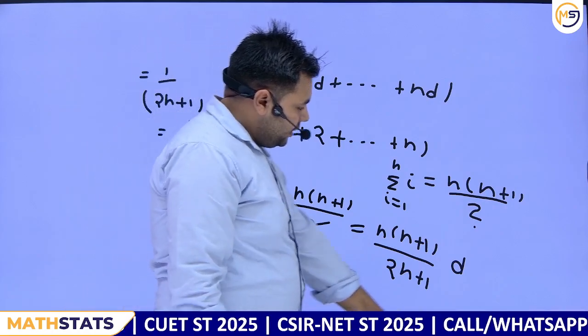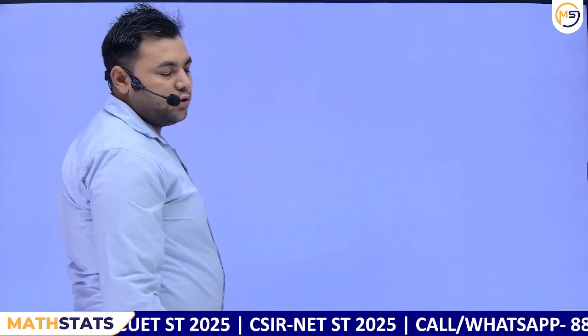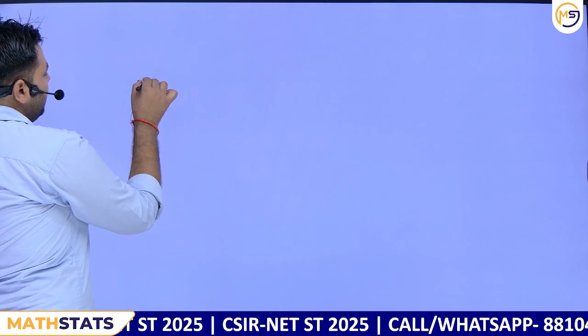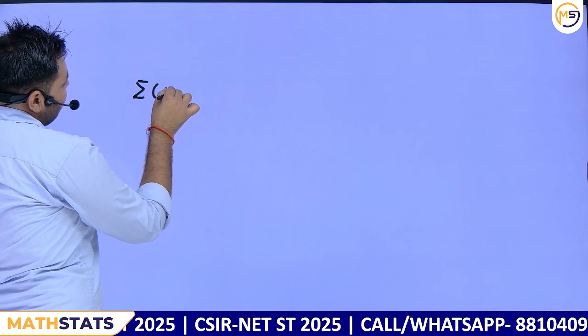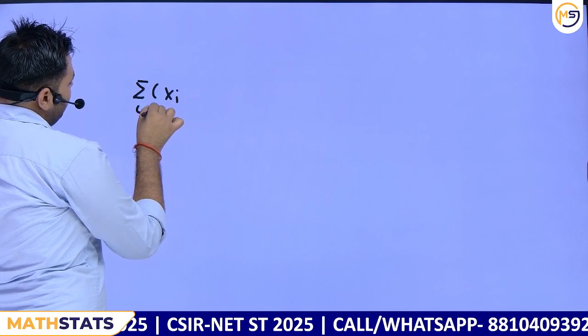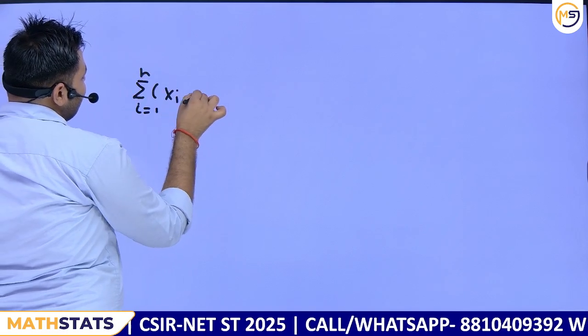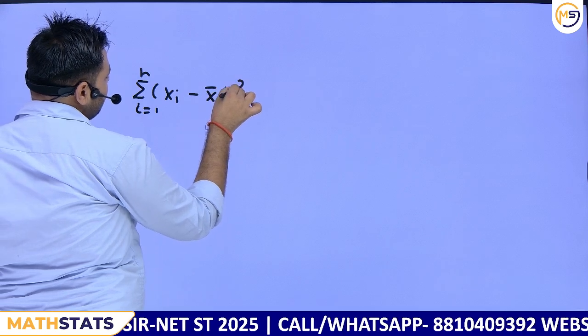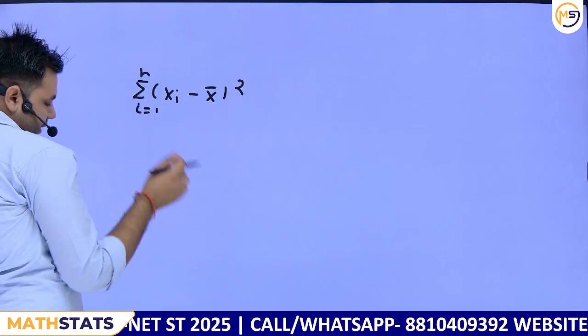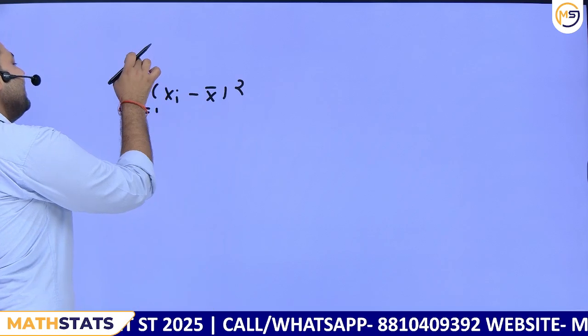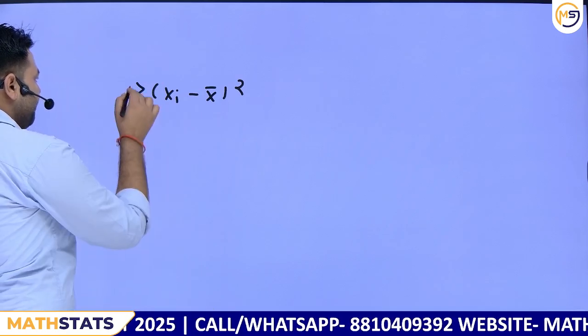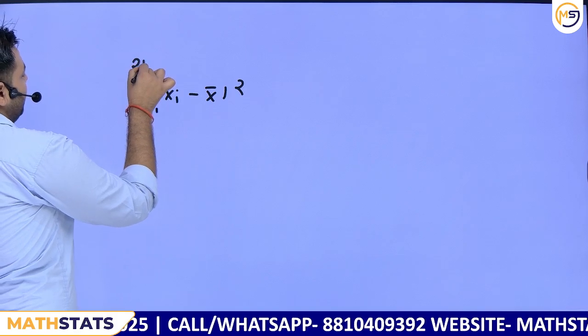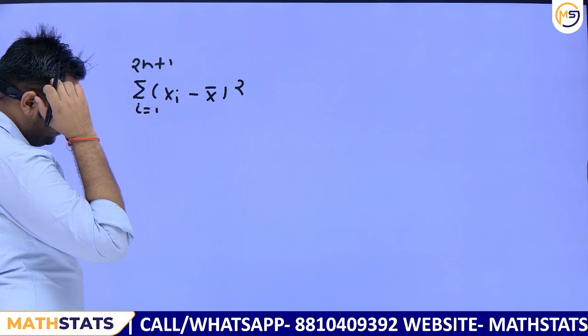So okay, now we are finding out the variance. To find the variance, first find this term, summation i equal to 1 to n of (xi minus x bar) squared. So what is the value of the first xi? Remember this, here I am writing 2n plus 1 terms.